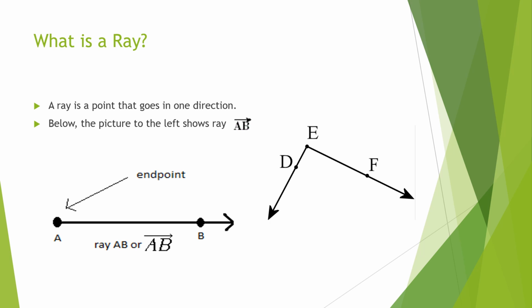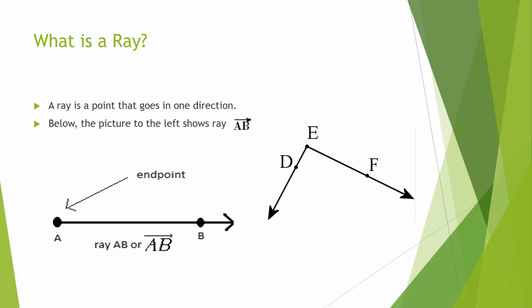And when the two rays have the same exact vertex, you have an angle. Like in the picture on the right, you have an angle because both ray ED and ray EF share the same vertex, E. That is why you have an angle.